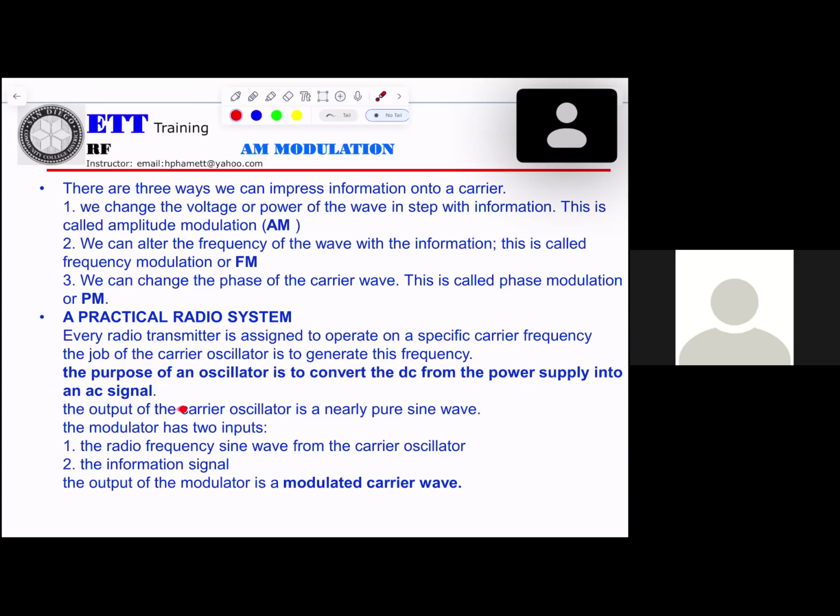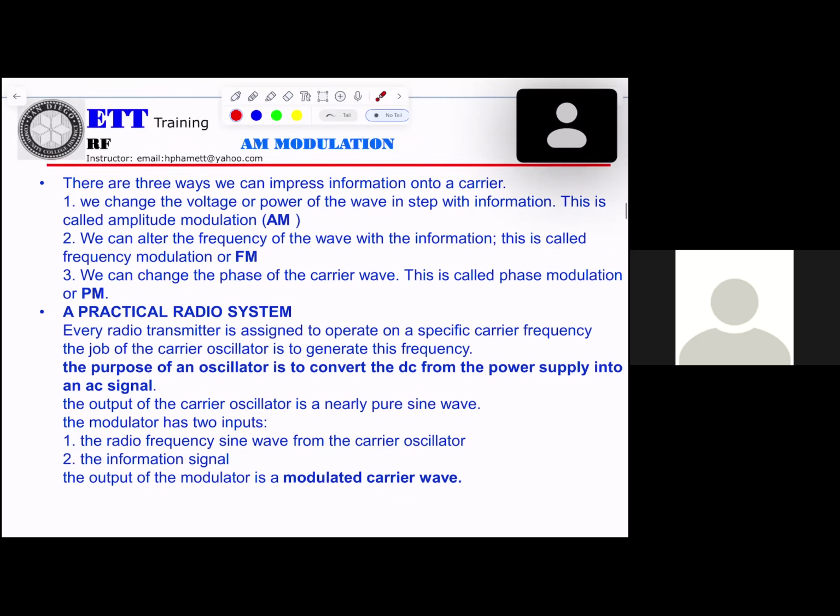The output of the carrier oscillator is a nearly pure sine wave. The modulator has two inputs: the radio frequency sine wave from the carrier oscillator, and the information signal. The output of the modulator is a modulated carrier wave.